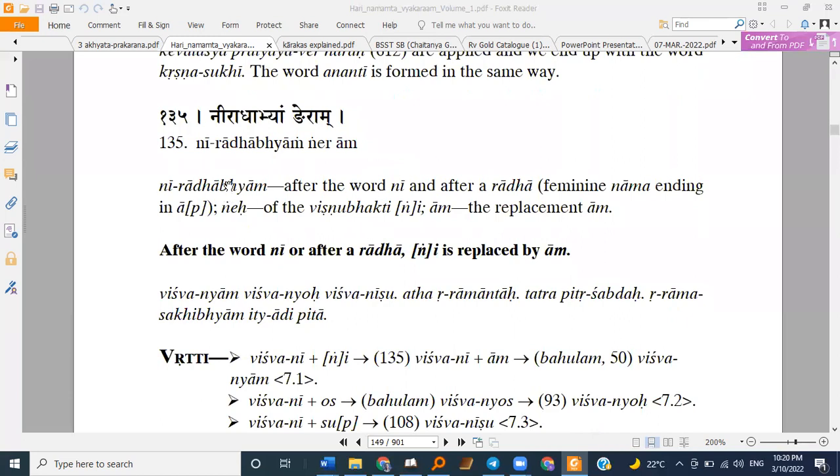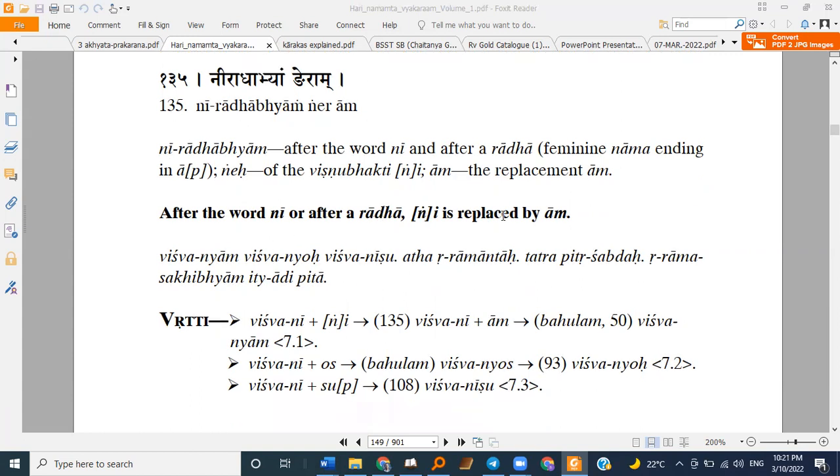Okay, Ni Radhabhyam Ner Am. This is also important. After the word Ni, like if a word has Ni at the end, like Vishwani is the word where we have Ni at the end. So after the word Ni or after a Radha Shabda, which will come in the Lakshmi Linga, words which end with Trivikrama A, like Radha, Mala, and Vishakha, ityadi, Sita, the Ni is replaced by Am.